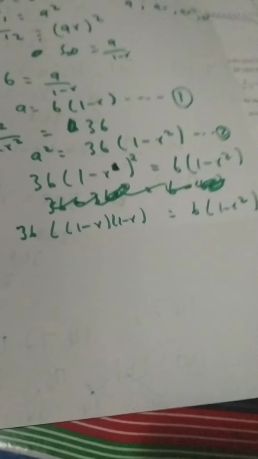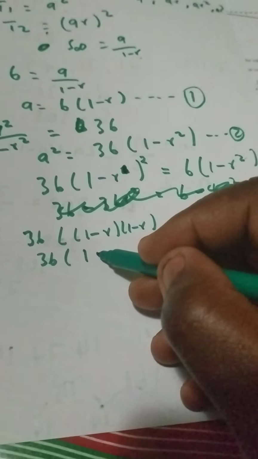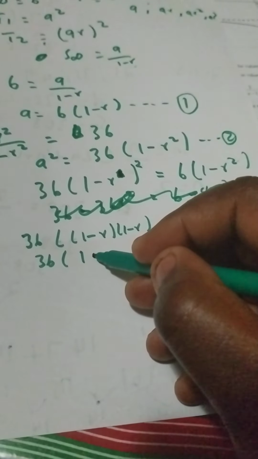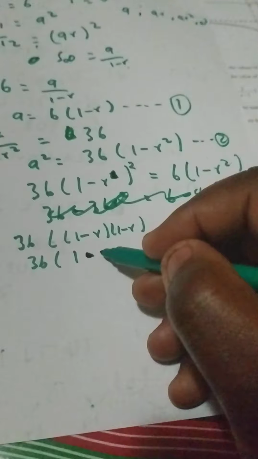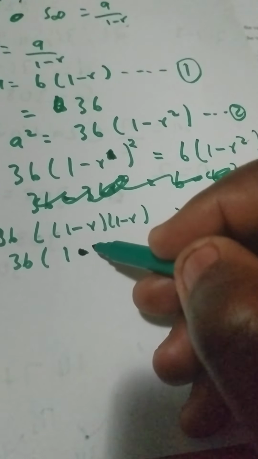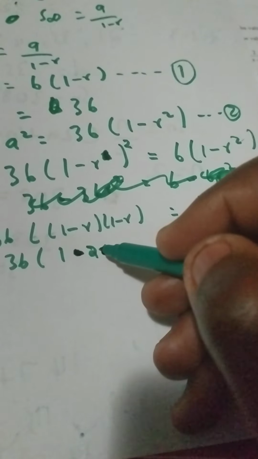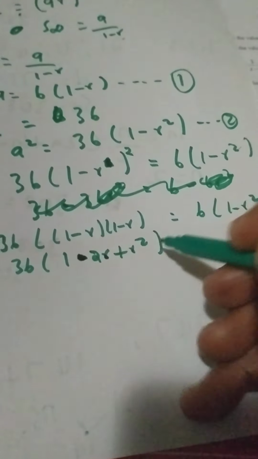Sure, this type of question you really need to pay attention to, guys. This will be 36. 1 times 1, that will be 1. And then 1 times 1 minus r will be 1 minus r, and then 1 minus r squared. Okay, minus r will be minus 2r, because it will be a negative 2r, and then a plus r squared.